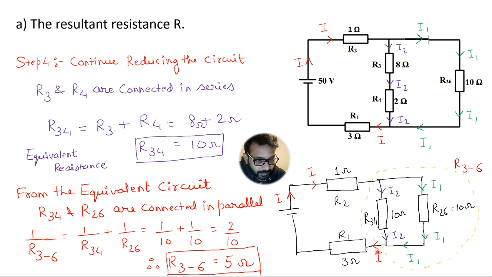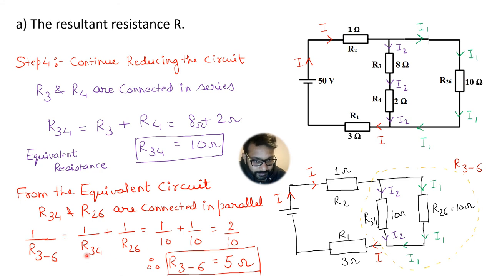So I will apply the formula for parallel connected resistances. Here I have calculated the equivalent resistance of R34 and R26, and I'm calling it R3-6. I will apply the formula for parallel resistance, which is 1 divided by R34 plus 1 divided by R26, and both of them have the value 10. So I have substituted the value here and continued the calculation.